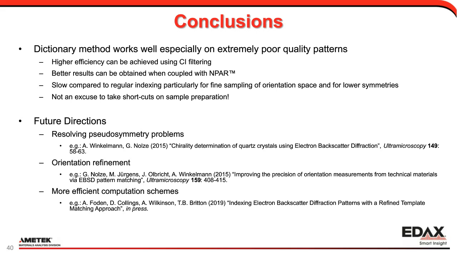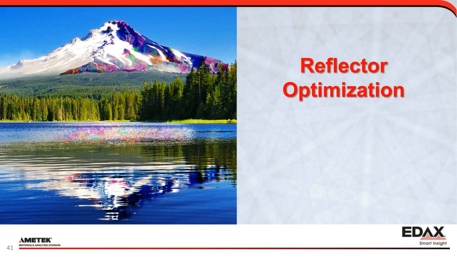Blockiness in orientation space, I should say. And then ideas for more efficient computation schemes to do these in spectral space as opposed to the direct space that we're using now. I think there's some neat things on the horizon for that as well. So that concludes the dictionary indexing part of my presentation.